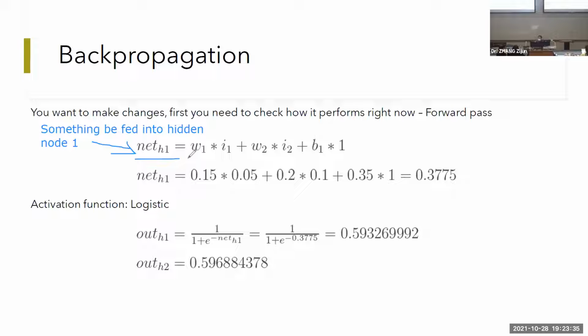It's a weighted linear combination, a weighted average of the information we observed at the input nodes. So it's weight 1 multiplied by the value of input 1 plus weight 2 multiplied by the value of input 2 plus the bias. Okay, it's a kind of linear regression form. Based on our values observed in previous slides, it's 0.15 multiplied by 0.05 plus 0.2 multiplied by 0.1 plus 0.35, equal to 0.3775.